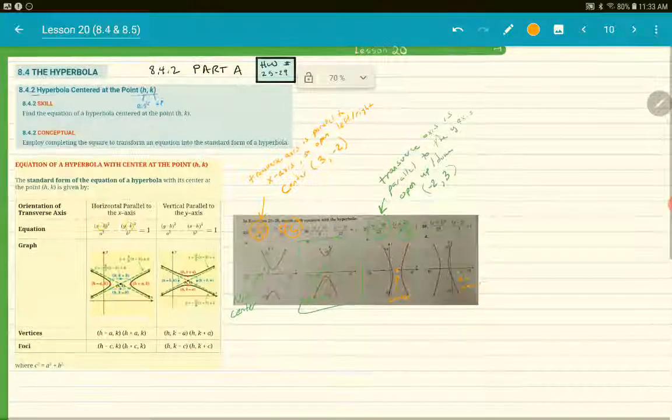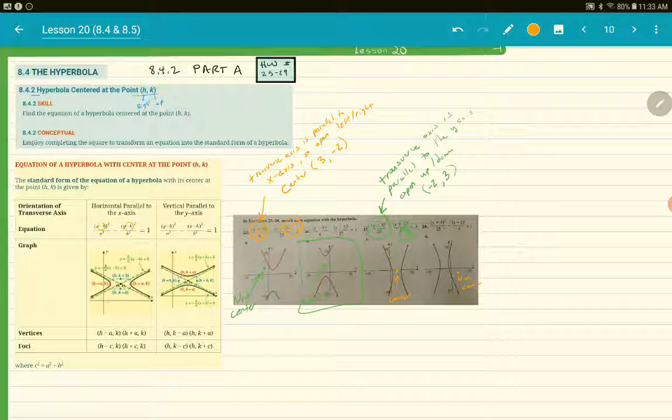So that's our overview for the shifted hyperbola.